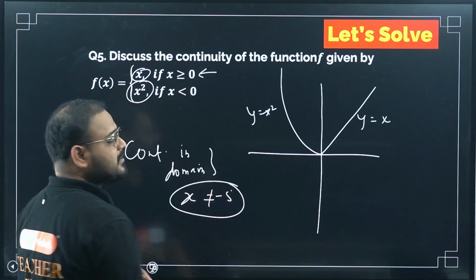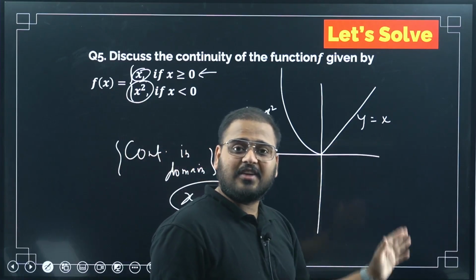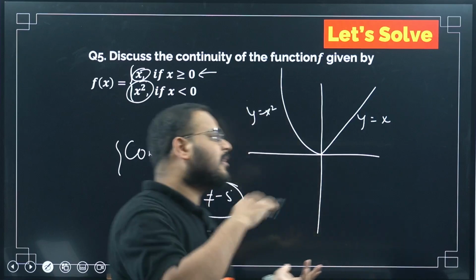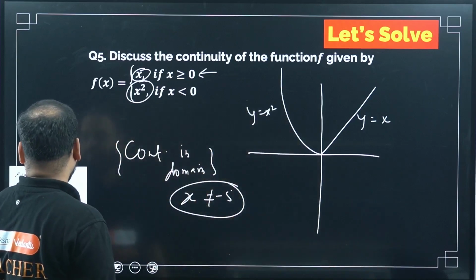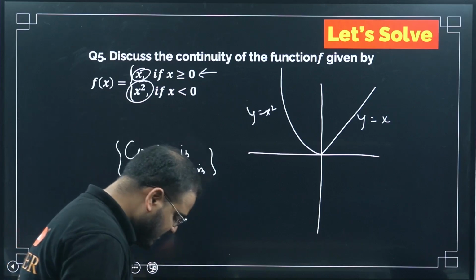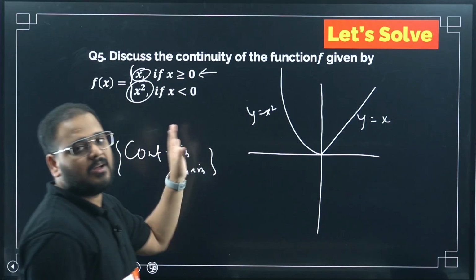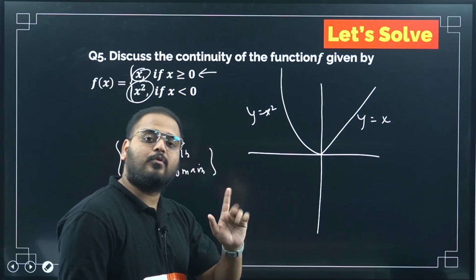This means minus 5 is not part of the domain. Even though minus 5 is not defined, it is not part of the domain, so we were able to relate there. Limits are defined only in the domain, so all these properties will be defined only in the domain.